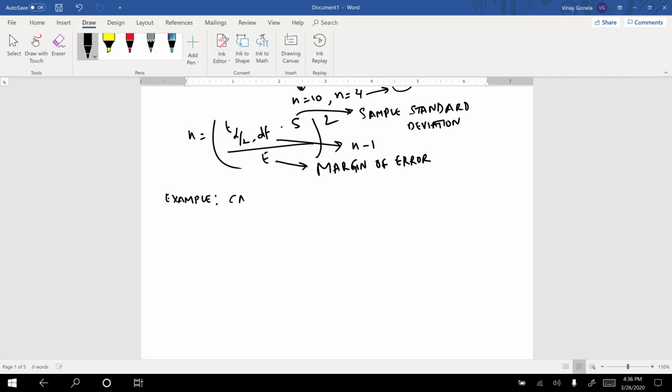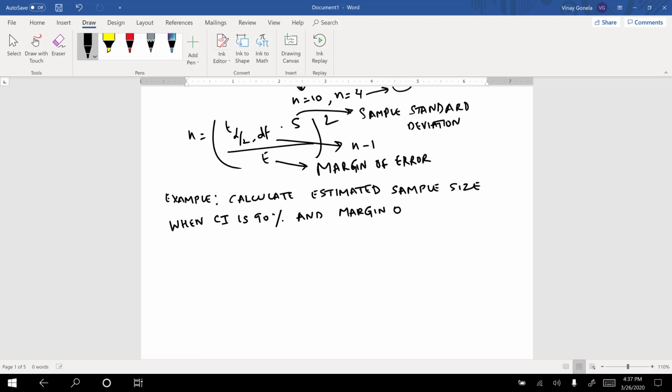The question is: calculate the estimated sample size when the confidence interval is 90% and the margin of error is 0.3.